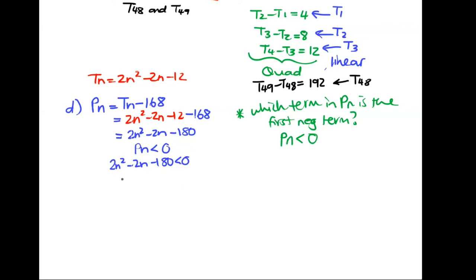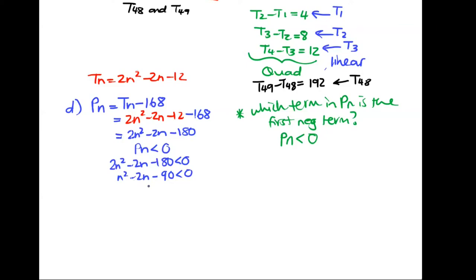All right, before I try and factorize, I'm definitely going to divide by 2. I'm going to divide by 2 like that. Now, factors of 90 that will give me -2. I don't know my factors of 90 very well, but I can't quickly find factors of 90 that will give me -2.